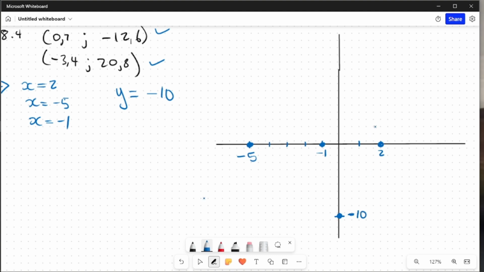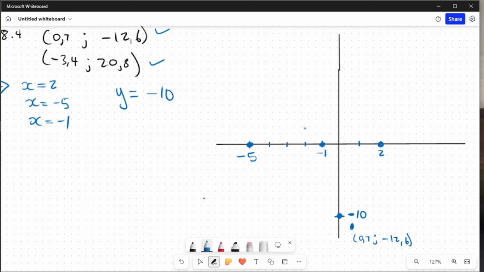And then our turning points now. (0,7; -12,6), which is somewhere here. My -12 can be there. So this is (0,7; -12,6).